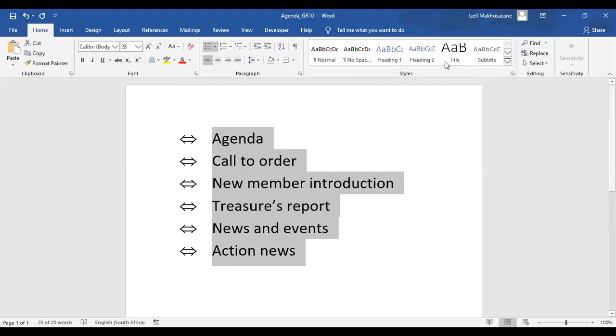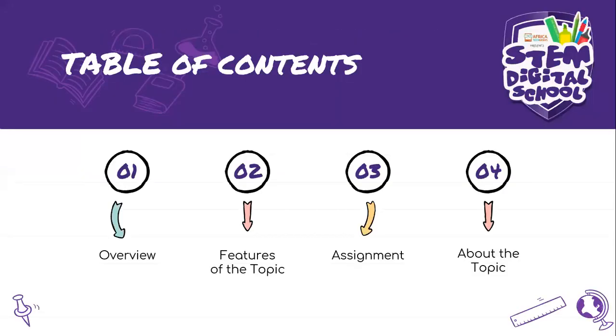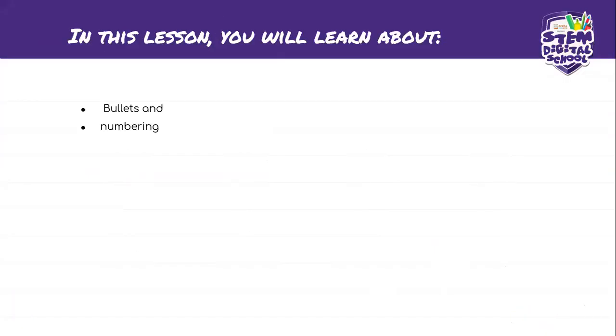Now let's go back to our slides. For those of you who have just joined, in today's topic, we are talking about the bullets and numbers. How to insert the bullets and numbering.